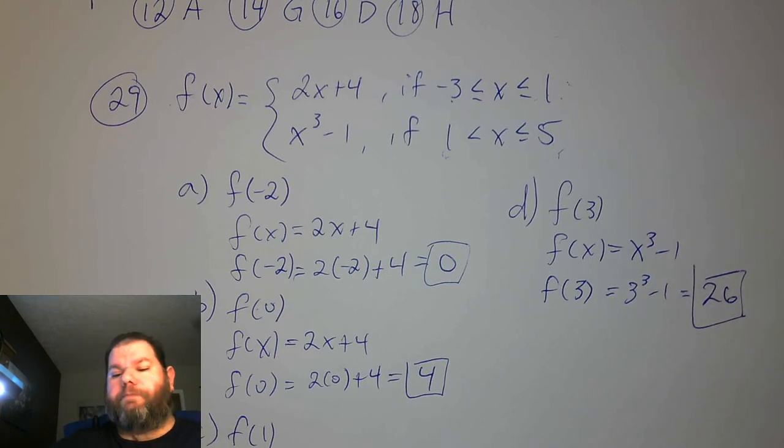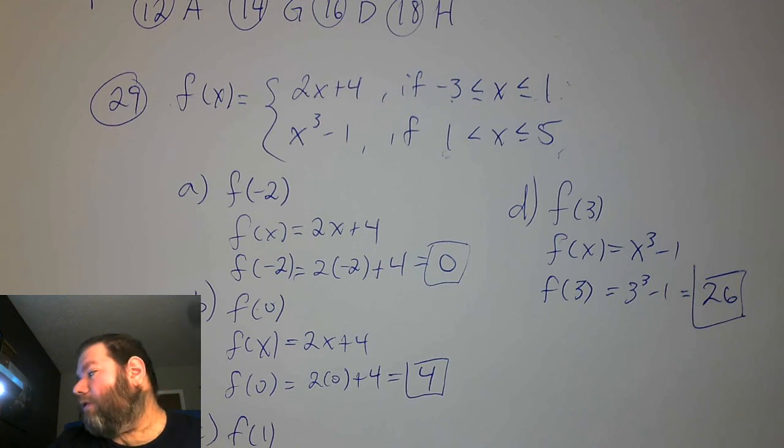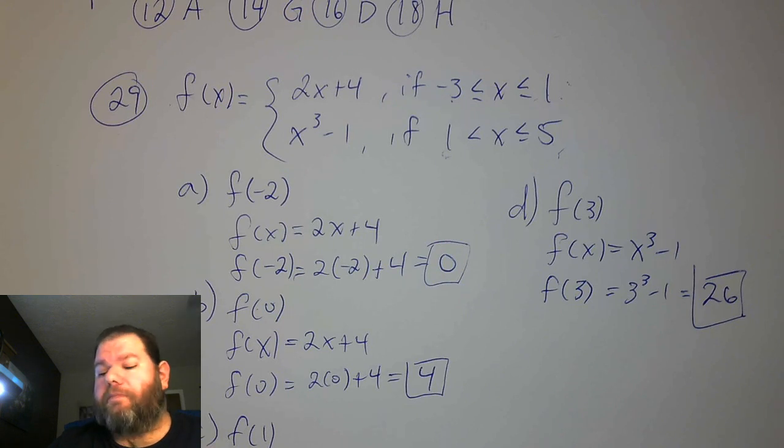Okay. So the main thing here is making sure we pick the correct place to plug in the values. So it's more just a matter of verifying your answers, August.